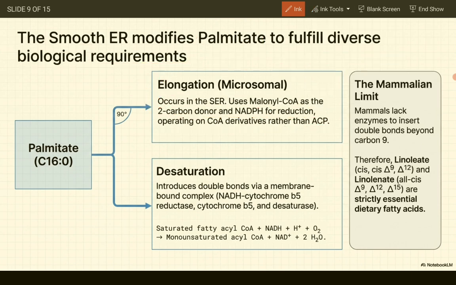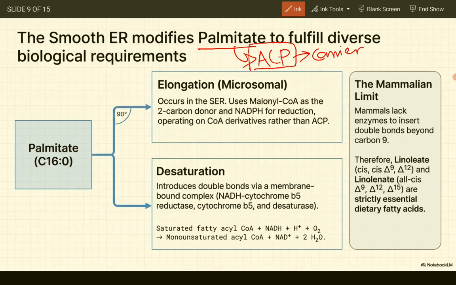Now here is another important fact: until palmitate, ACP, the acyl carrier protein, was being used as the carrier molecule.